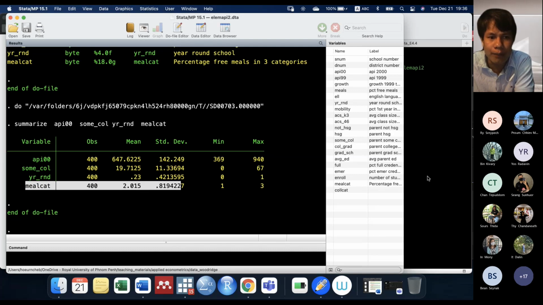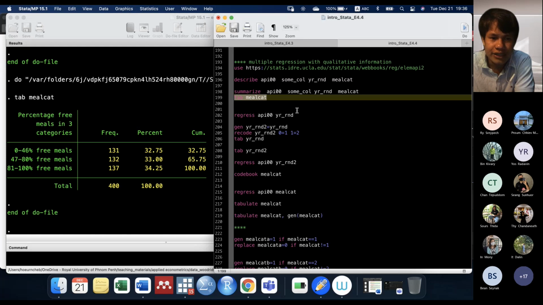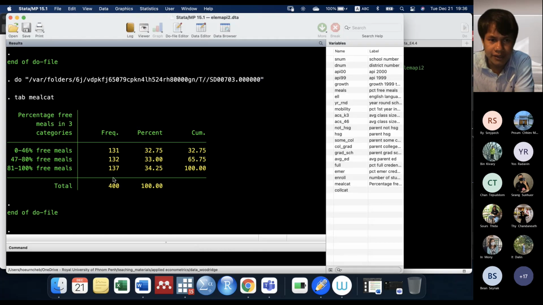So in order to understand more about the meal cat variable, you should type tab or tabulate meal cat. Then you see this. All right. So it means that the first category is the schools that have less than 46 percent of students who receive free meals from the state. And the second category is schools with about 47 to 80 percent of students receiving free meals from the state. The third category is if the school has about 81 to 100% of students receiving free meals from the state.